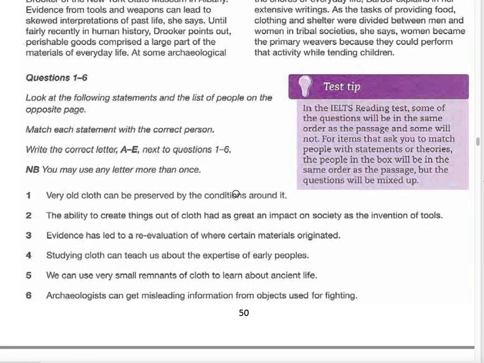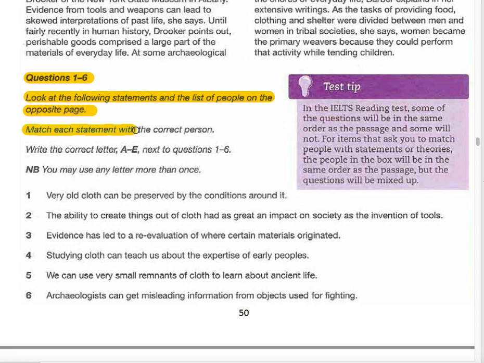In general, let's remember that when we do the reading section for the exam, we always need to read the questions first or look over the questions. I see questions 1 to 6. It says, look at the following statements and a list of people on the opposite page.